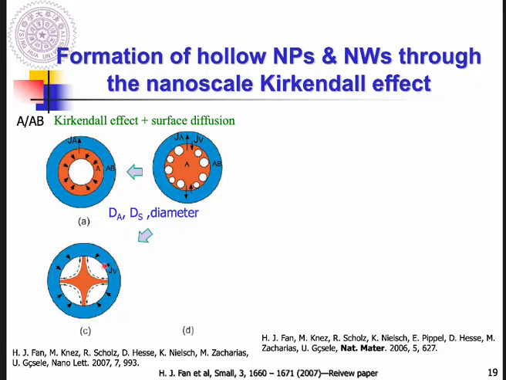And the other possibility would be, instead of forming just one large void, a hollow structure at the center, they would prefer to accumulate to form less large areas nearby the interface. So this is one possibility.